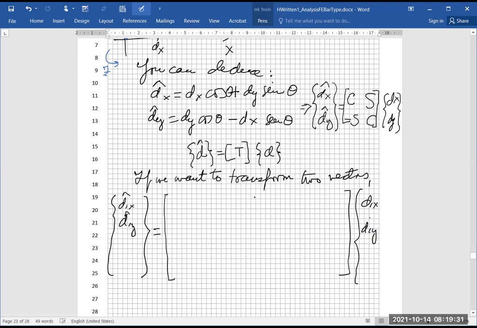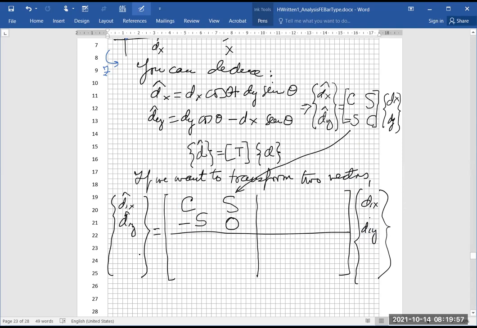So we can split this like this, and take this matrix and put it in here. So it's going to be cosine, sine, minus sine, cosine. So we have transformed the first vector from the global to the local reference system.